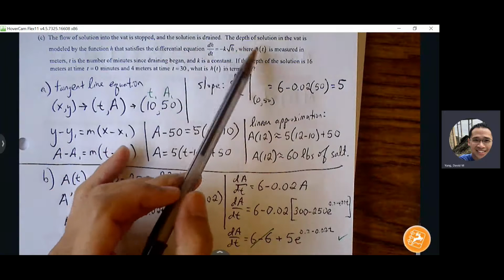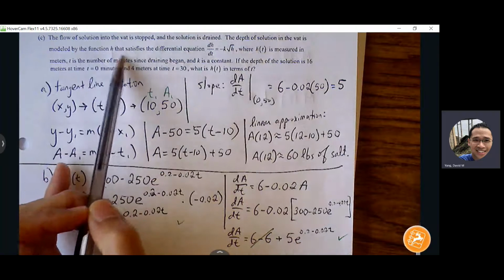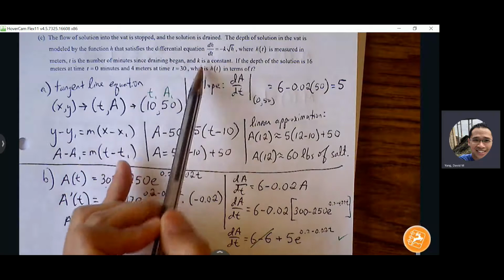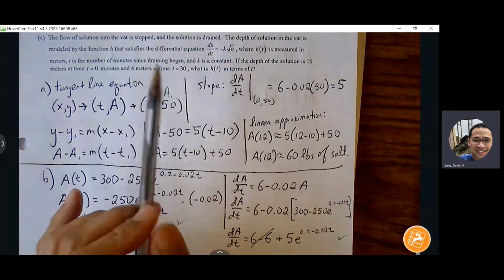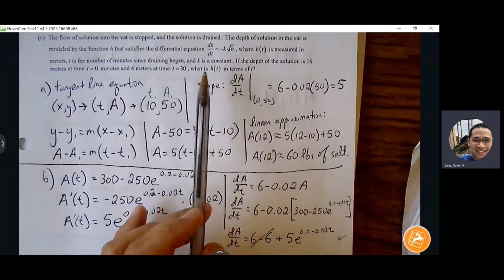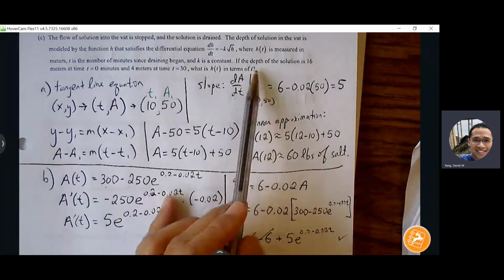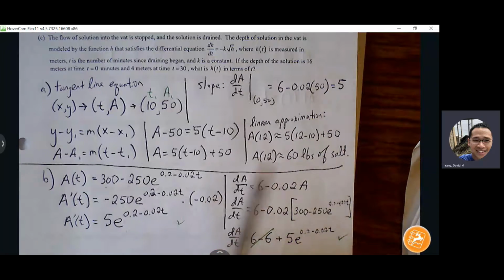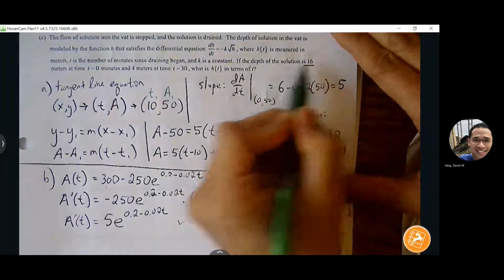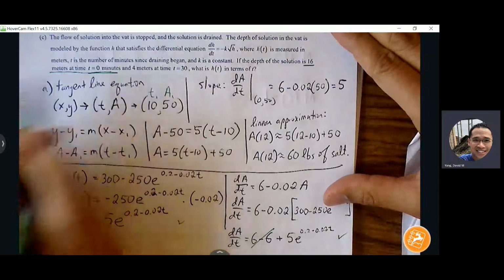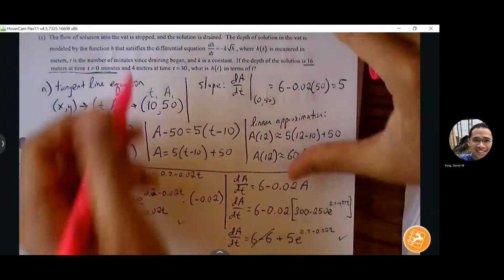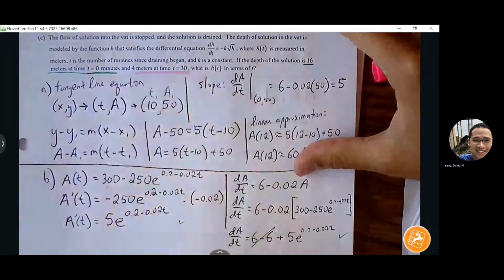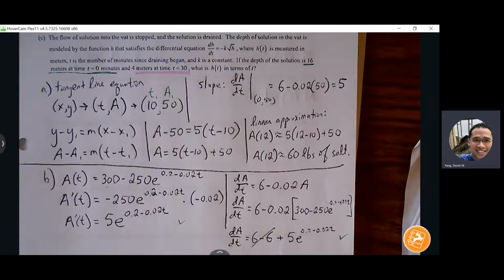The depth of solution in the vat is modeled by the function h that satisfies the differential equation dh dt equals negative k root h, where h of t is measured in meters, t is the number of minutes since draining began, and k is a constant. If the depth of solution is 16 meters at time t equals 0 minutes, and 4 meters at time t equals 30, what is h of t in terms of t?